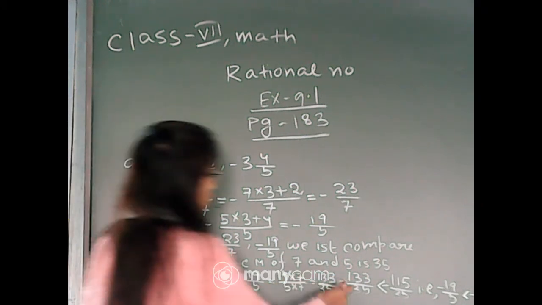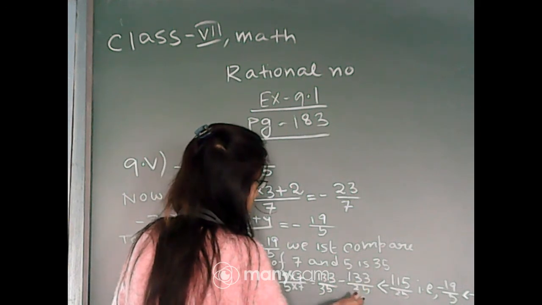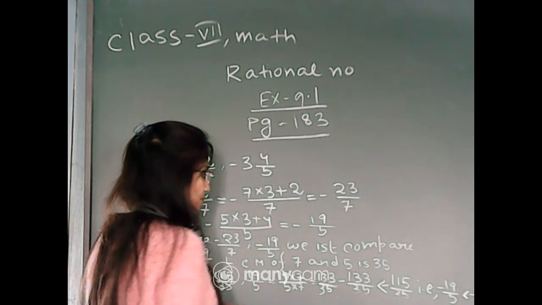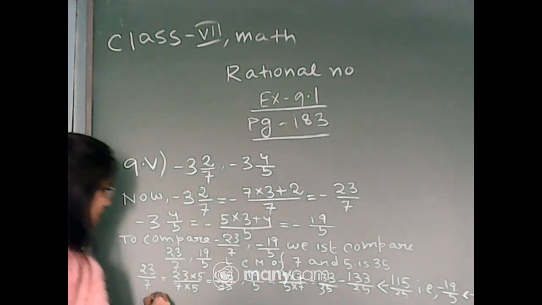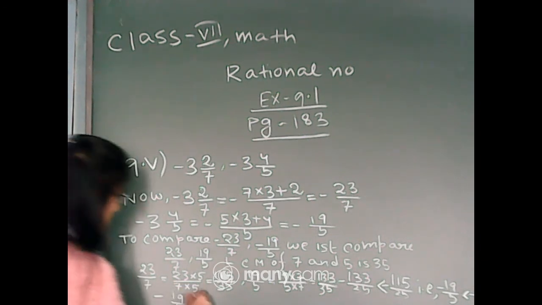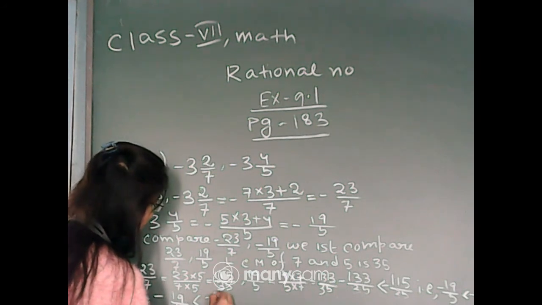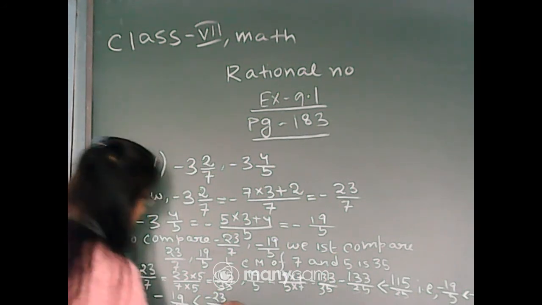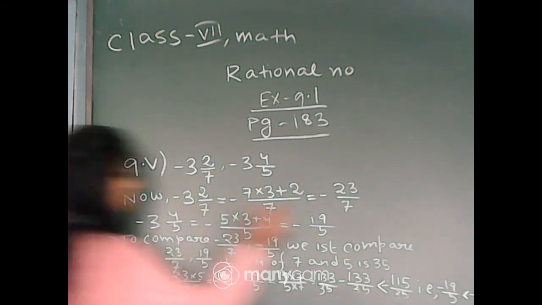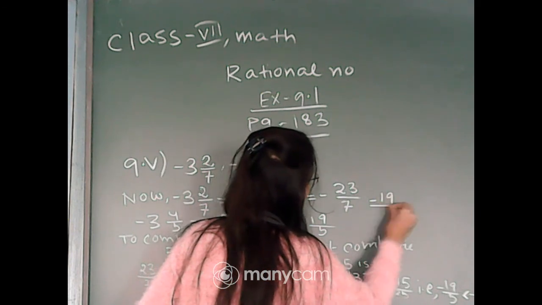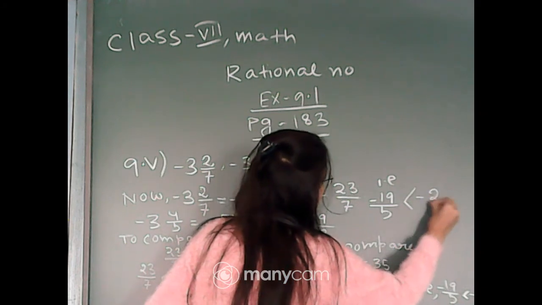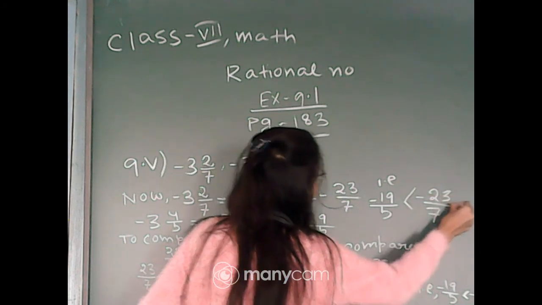So, minus 133 divided by 35 is less than minus 115 divided by 35, that is minus 19 divided by 5 is less than minus 23 divided by 7.